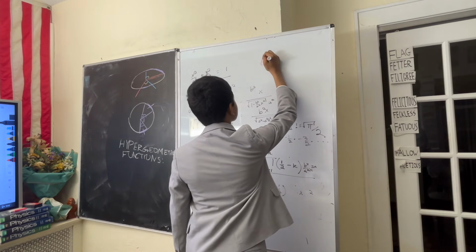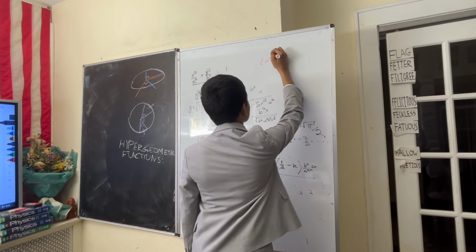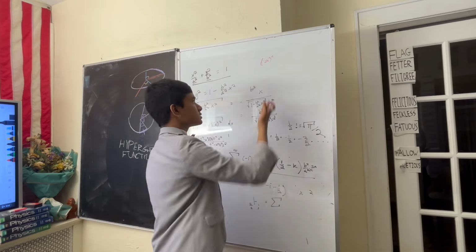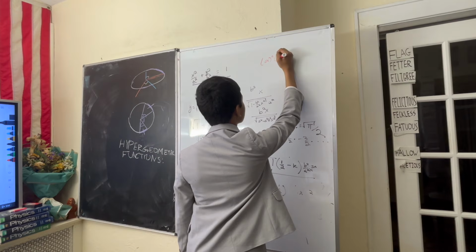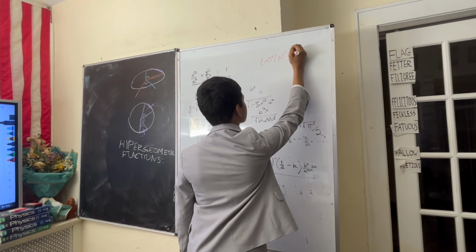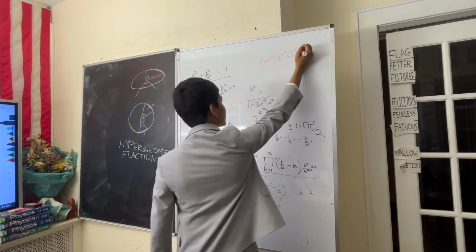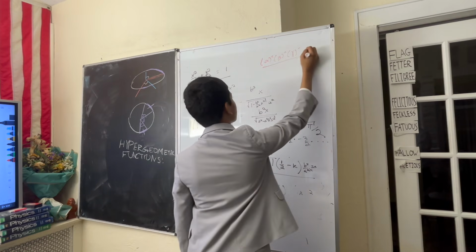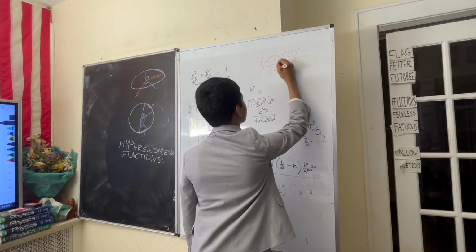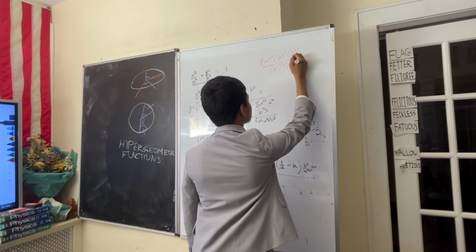looks something like this. You have alpha to some power, beta to some power, gamma to some power, and these are all independent functions of x and n. And you have alpha prime to some power, beta prime to some power, and so on.